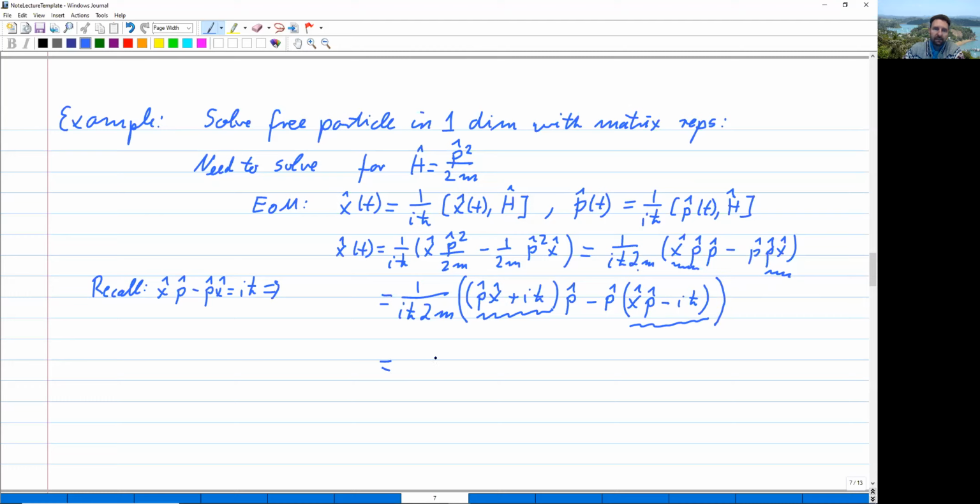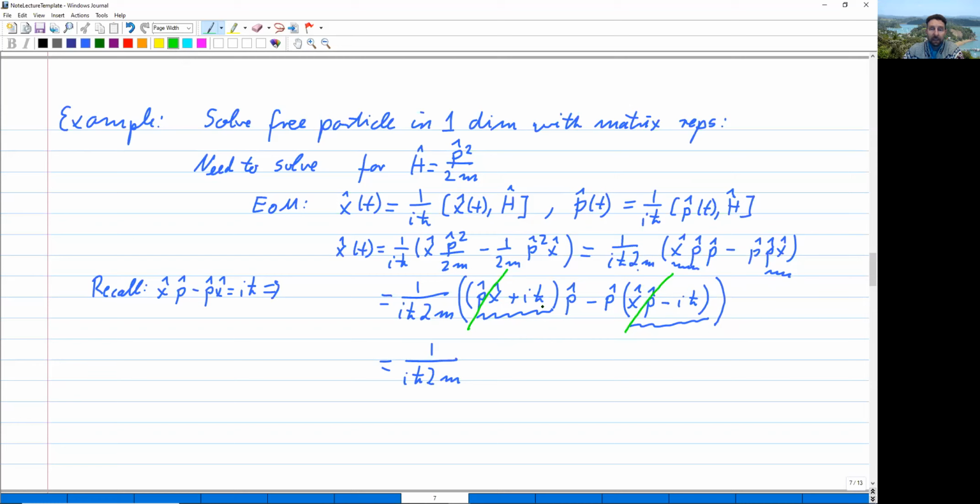So what is this? This is 1 over iħ 2m. And then simplifications. You see, this term cancels that term, right? Because both of them are p hat x hat p hat. It goes away.